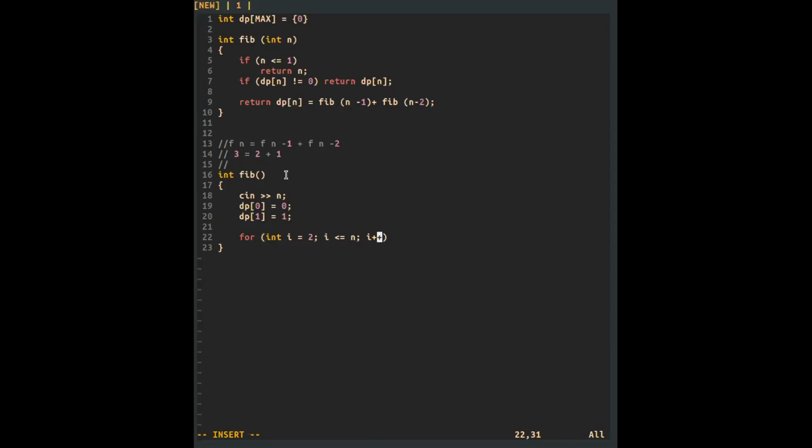Make sure that you put dp max as something that exceeds n plus 1 because of 0 indexing. And you can always do dp of i is equal to dp of i minus 2 plus dp of i minus 1.